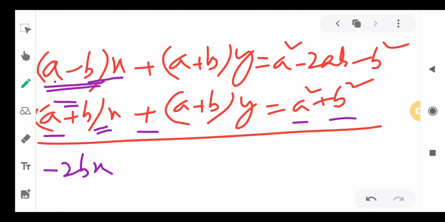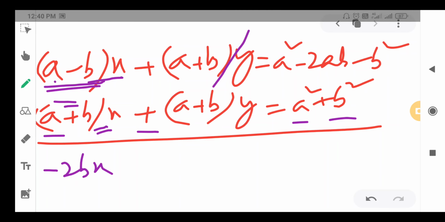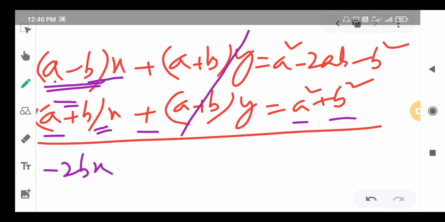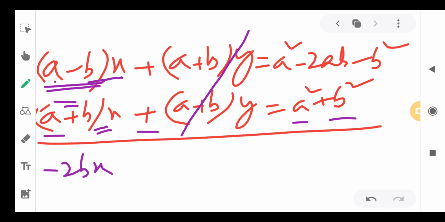Now coming to y, this is simply (a plus b) into y and (a plus b) into minus y. Both get cancelled. Here plus a square and minus a square also get cancelled. So what is left on the right side is minus 2ab minus 2 times b square.